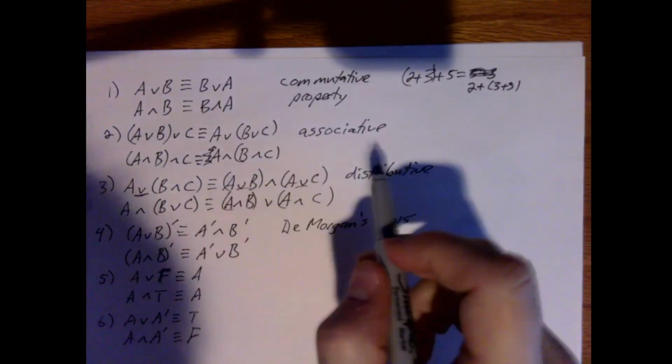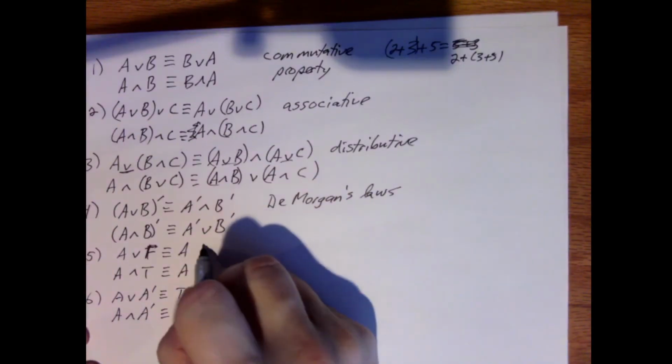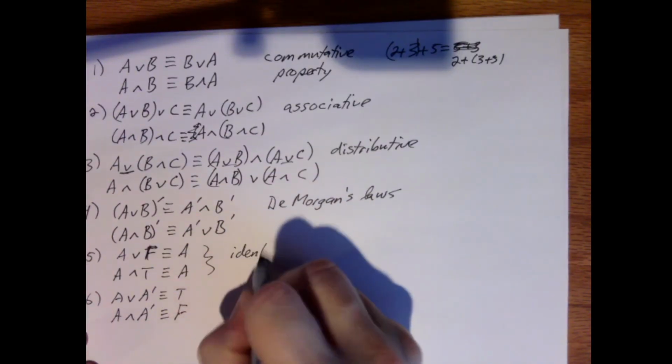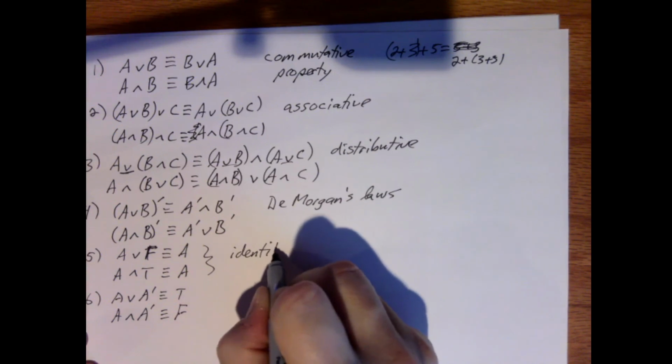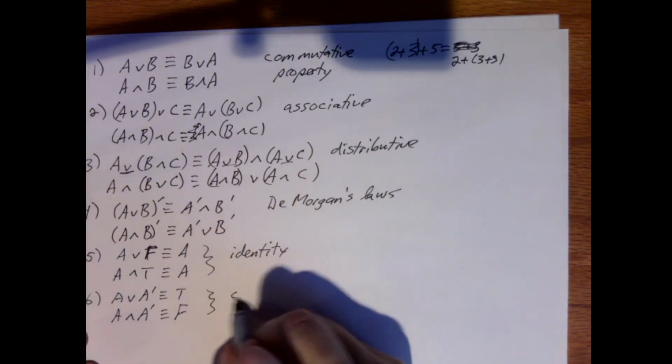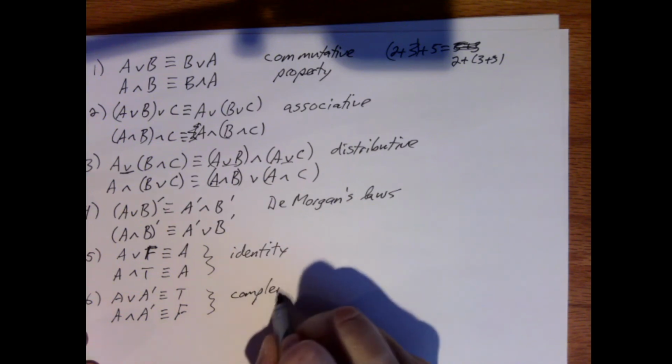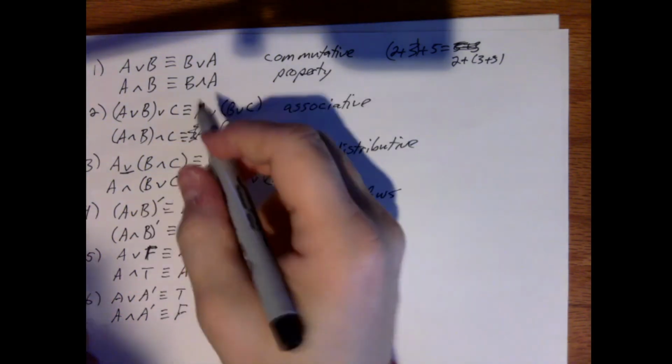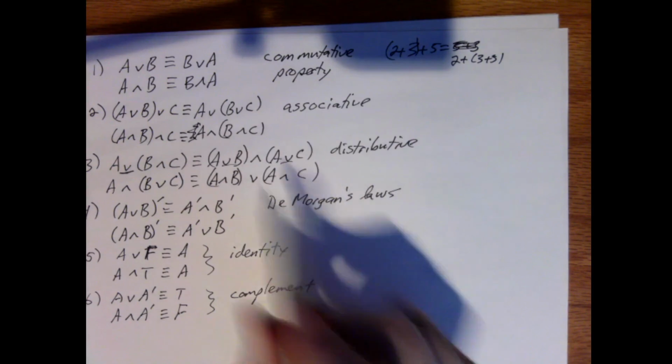There are some others beyond these, and these are called identity and complement. There are others besides these, and we'll see some more, but these are the basic ones.